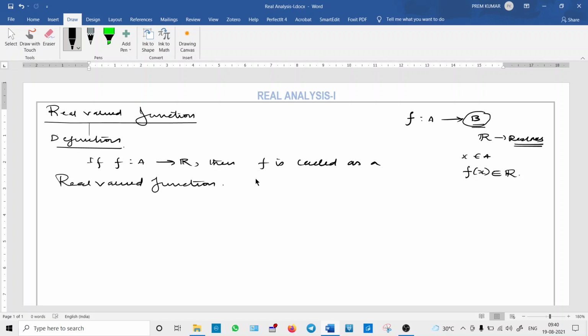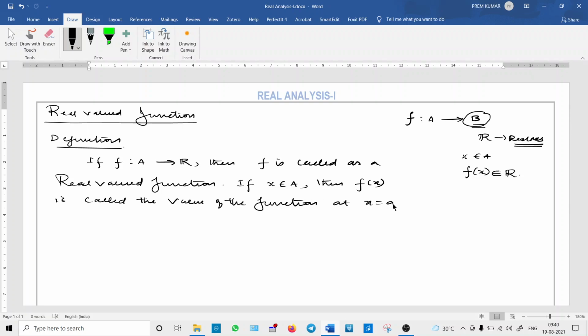And if you take an element x from A, then we say that f of x is called the value of the function at x equals u.